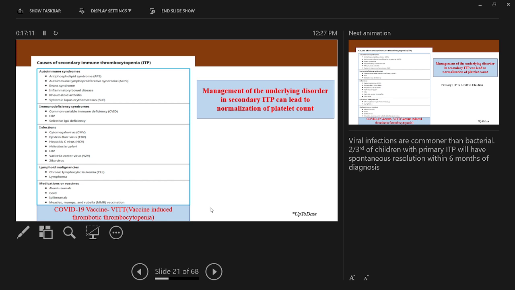There are a lot of patients of SLE who come with a flare, so they can have thrombocytopenia. Then other infections, mostly viral infections, but even sepsis and other underlying disorders can cause it. Yes, sir, tuberculosis, actually bacterial infections are less likely, so more often viral. So they have given that.